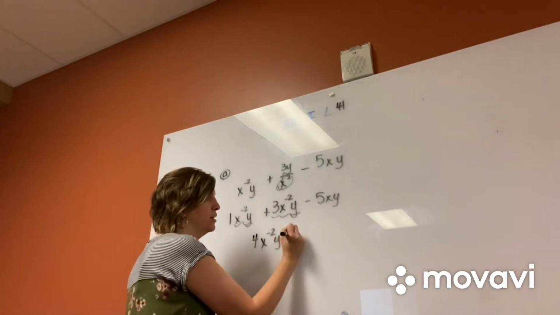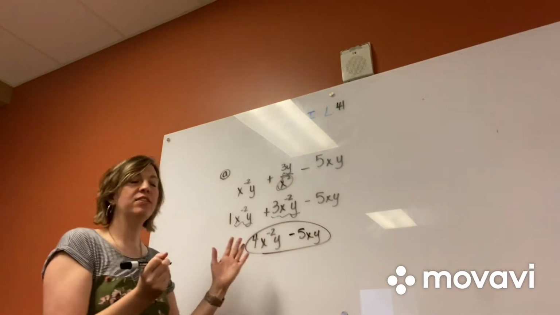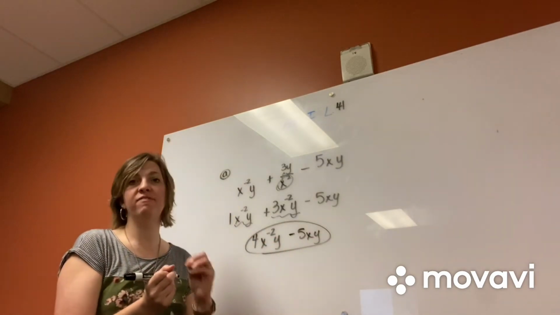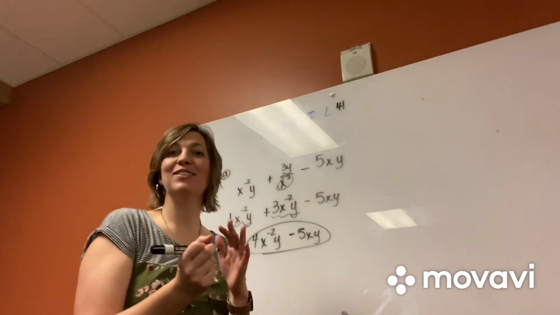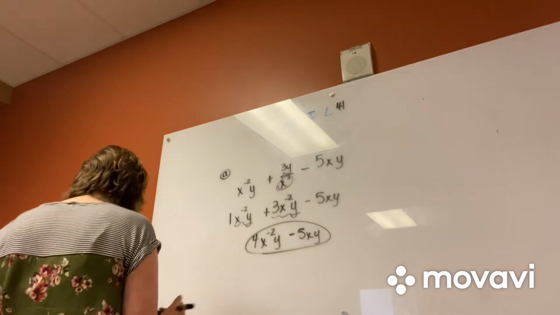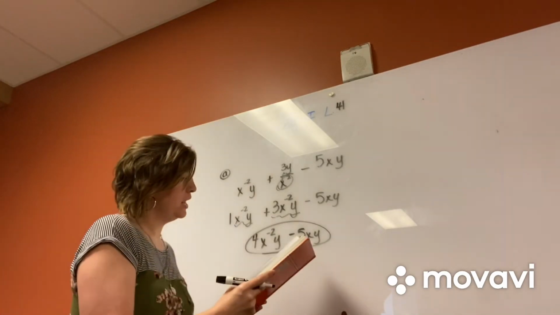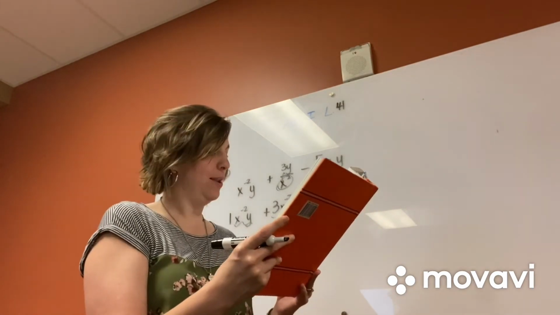This is not a like term. I cannot combine it together. Everything's in the numerator. That is my final answer, and that's as far as I can simplify it. So great job. I hope that makes sense to you. So that's letter A.